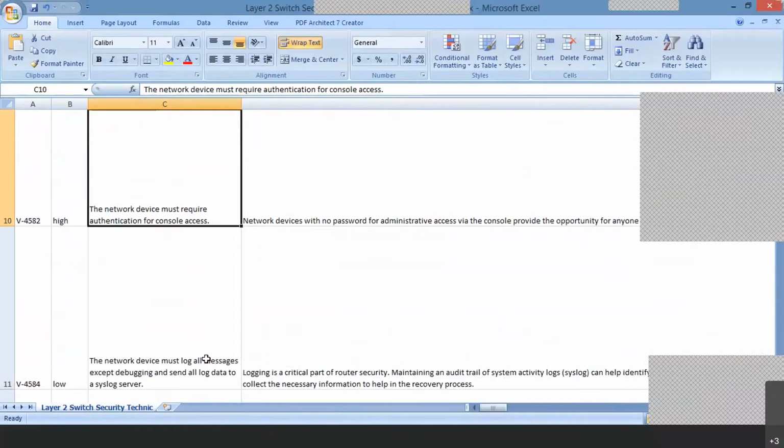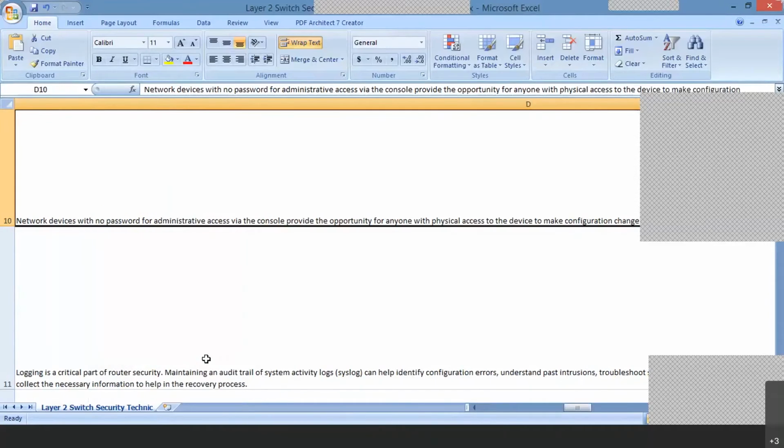Suppose someone is accessing via the console, so you should always use authentication. Suppose Tayyab is one of the users who is accessing network devices via console; he should be properly authenticated. No physical access should be provided without it. A network device with no password for administrative access via the console provides the opportunity to make a configuration change. So if any user accesses that network device via the console, it should be authenticated. As I discussed, authentication plays a very major role.